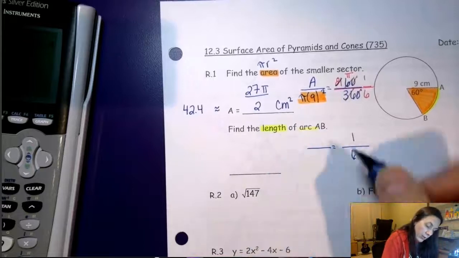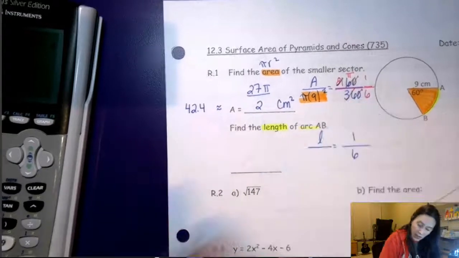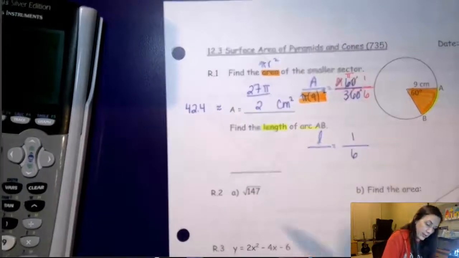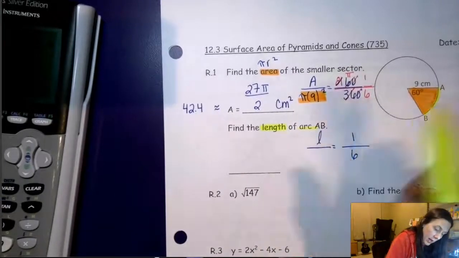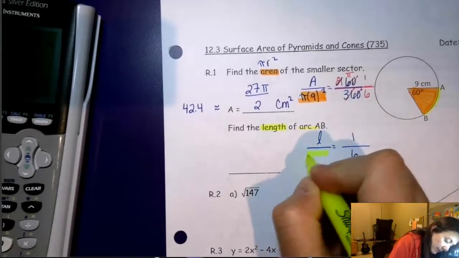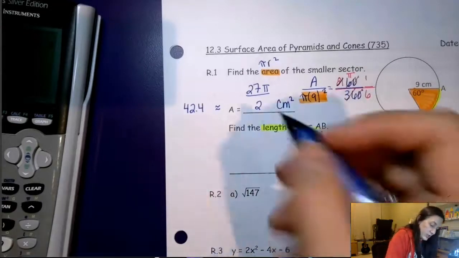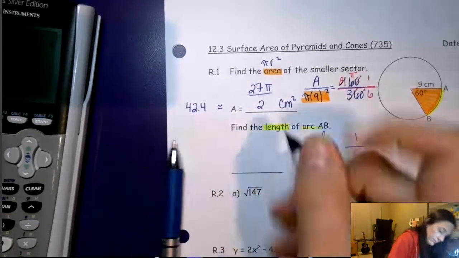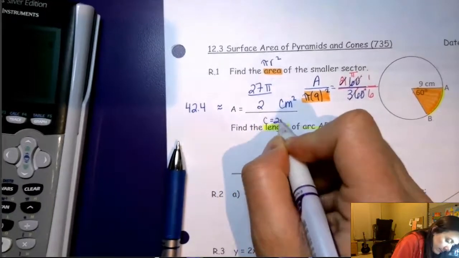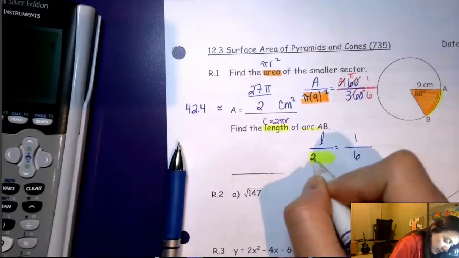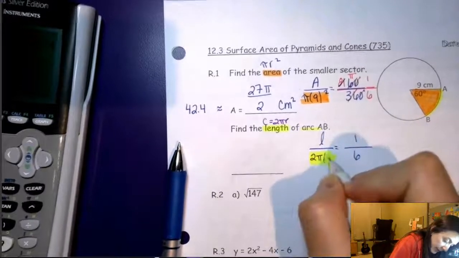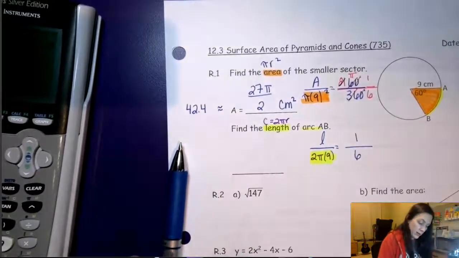Now over here, I want the length of the part of it on top, and the entire length, or circumference, down below, which is 2 pi r. So 2 pi, my radius is 9. So here I can cross multiply.